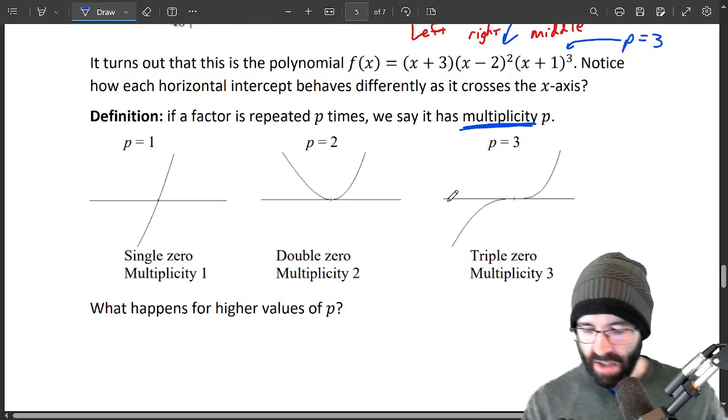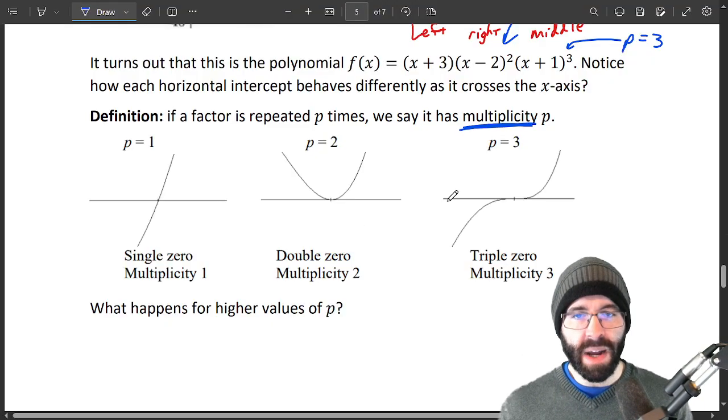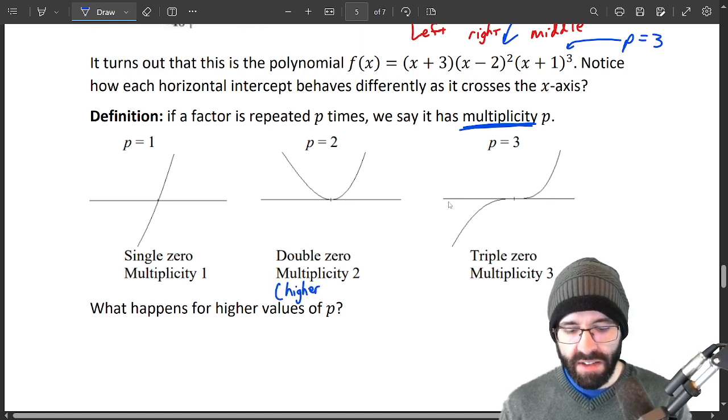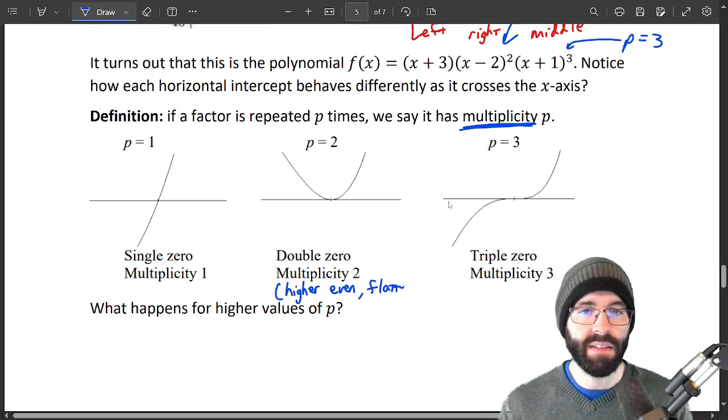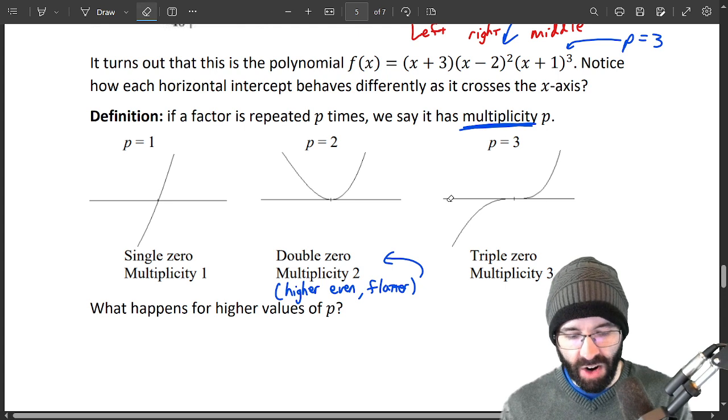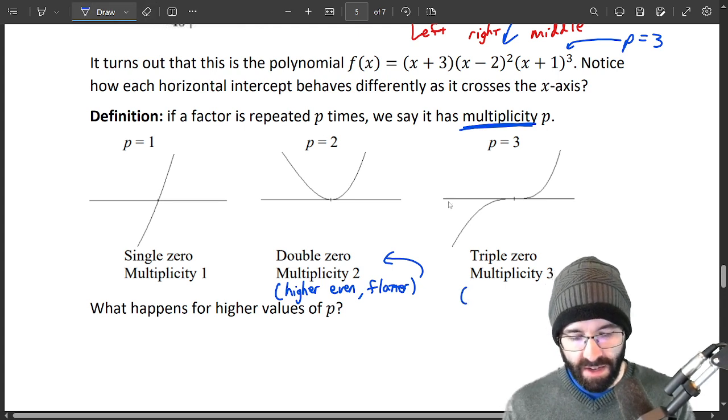So if the multiplicity is 2, it bounces off. If we have higher evens, it's just flatter, but the same thing. That's true for odd multiplicities too. This second one would be higher odds.